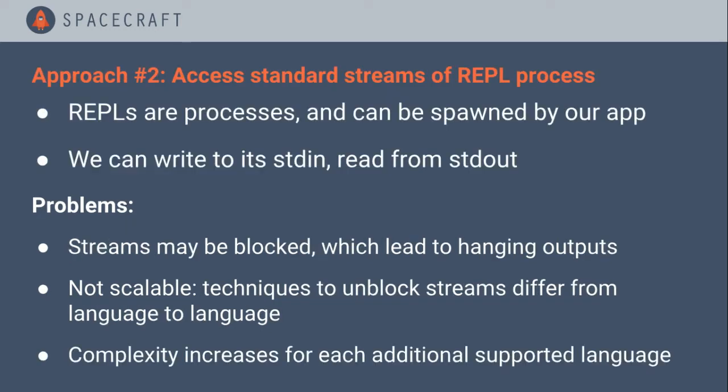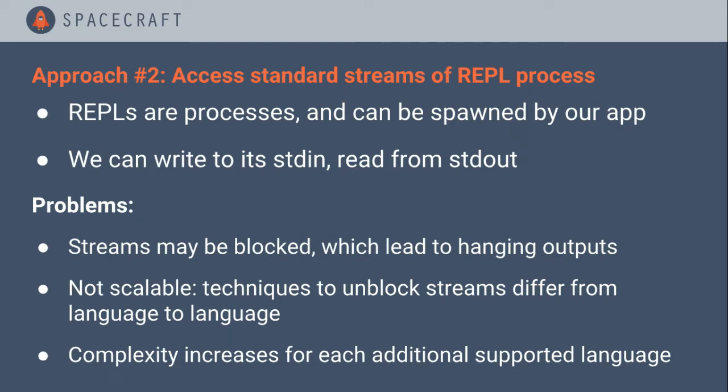This leads us to approach number two, which is we spin up a REPL process on the backend, and we can write to its standard in and read from its standard out. REPL programs are like processes, right? When you spin up IRB in the terminal, for example, it's actually spinning up another process.